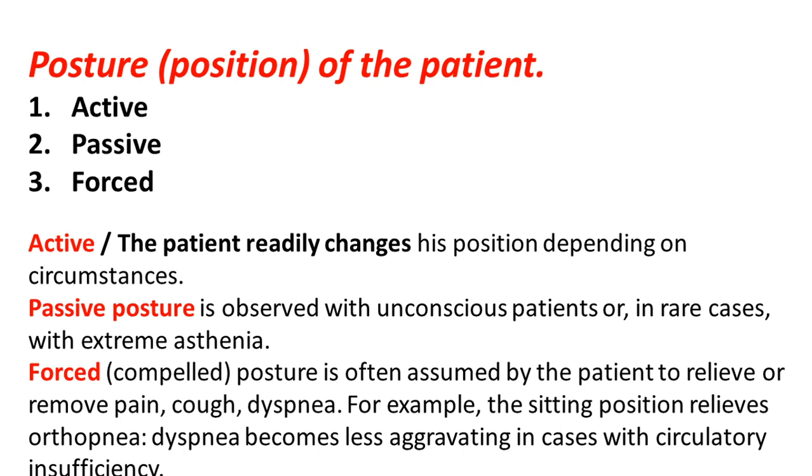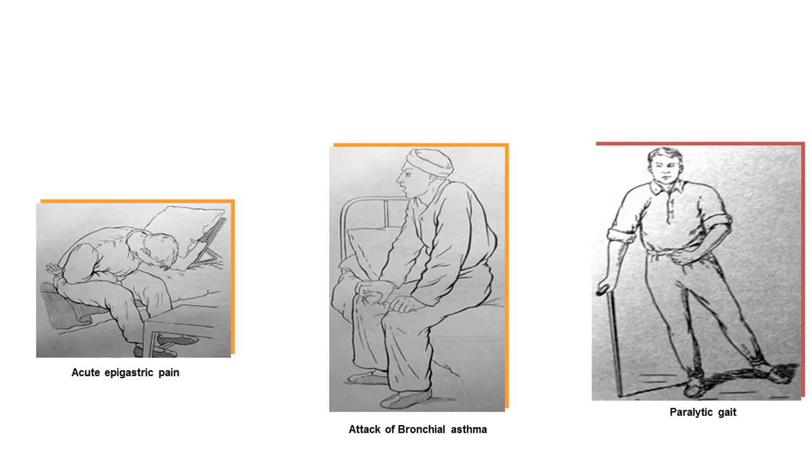Forced position, or compelled position, is often assumed by the patient to relieve or remove pain, cough, or dyspnea. For example, a sitting position relieves orthopnea. Dyspnea becomes less aggravating in cases with circulatory insufficiency. Here we have an example of forced position in acute epigastric pain.